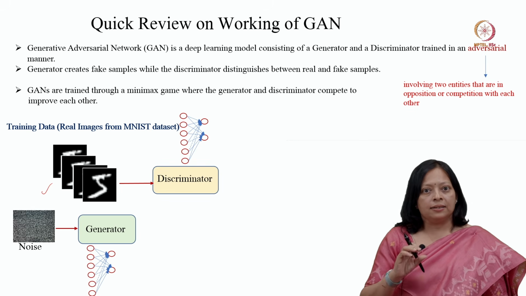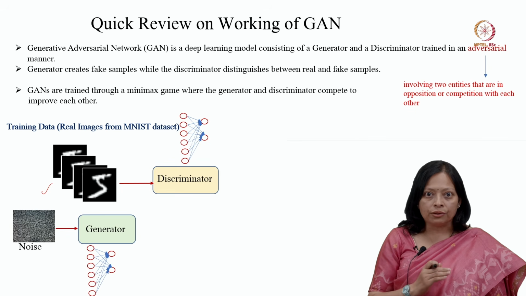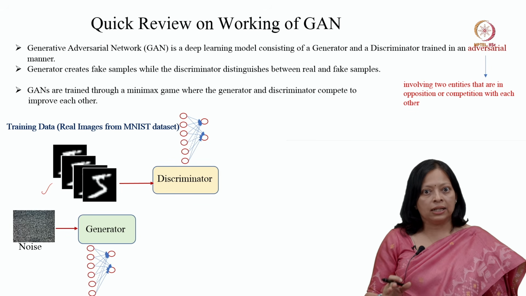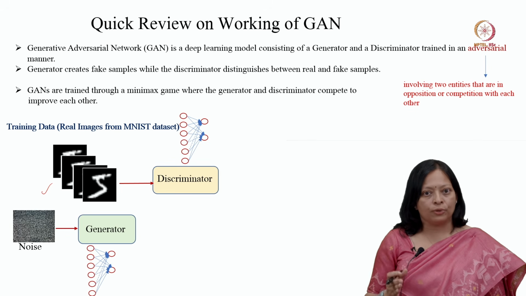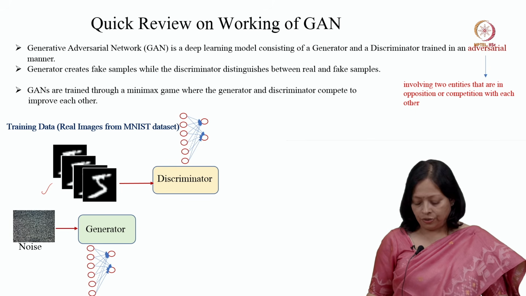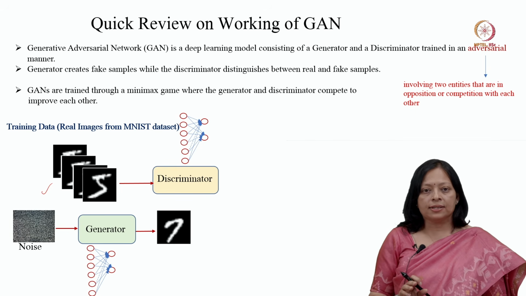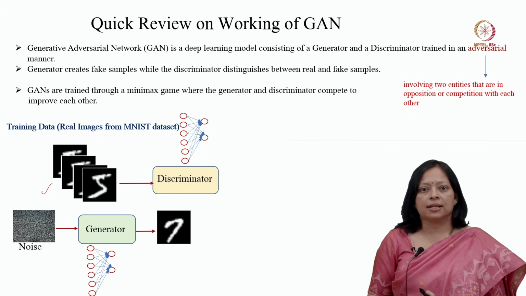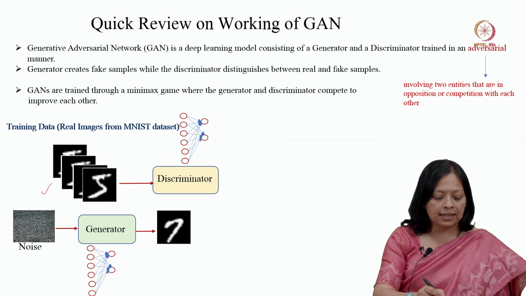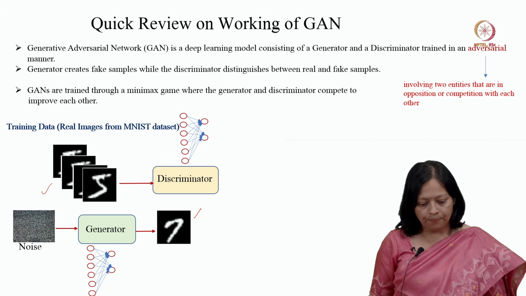The input to the generator in GANs is a random noise. We will come to what exactly the random noise is. Right now we will just keep it as an input to the generator, which is a random noise, and from this noise the generator generates some image. The generated image in this case is an image of the digit 7.